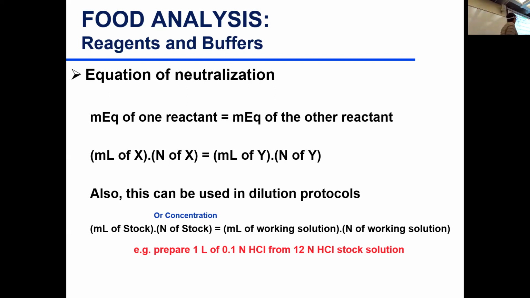So we're applying this equation. We already know that I want 1 liter, so that would be 1,000 milliliters here. And I already know what concentration I want. What I'm trying to find is how much of my concentrated solution of 12 normal I would need.